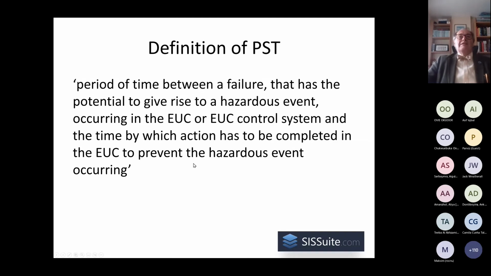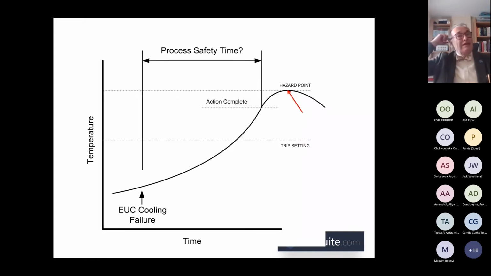But there we are. That is the formal specification, but it doesn't really fulfill the requirements that we need in terms of specifying a SIF. Let me demonstrate that by turning to this plot, which shows a temperature rise in a temperature time plot, the temperature rise occurring in the process because of a cooling system failure.